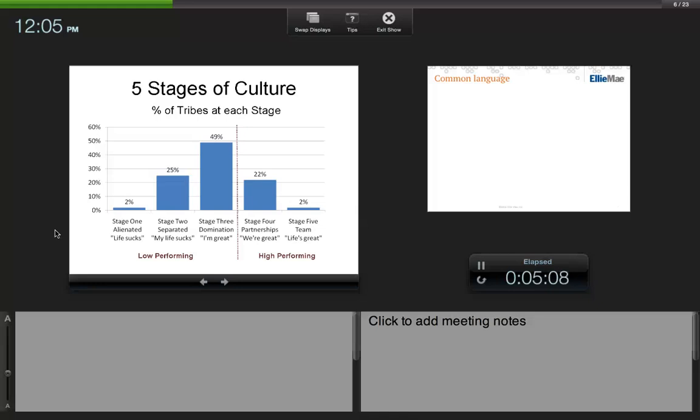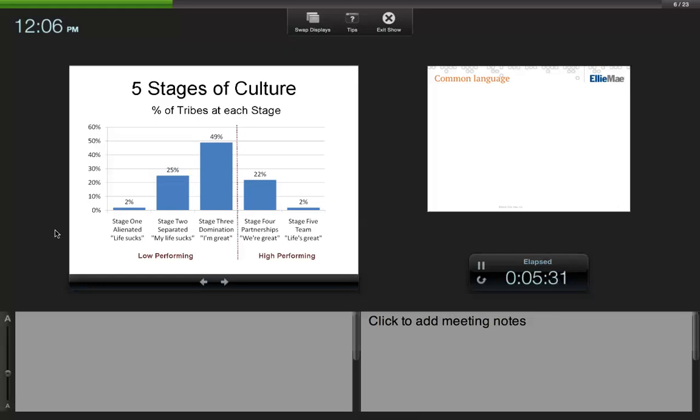Look at everybody around me. Look at that team. Look at my team. Why is it so terrible? Right? My life sucks. That's a stage two team. And a stage three team is dominated by alpha personalities who have big egos, but they're actually pretty smart, right?